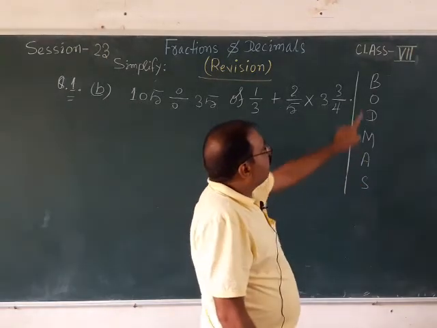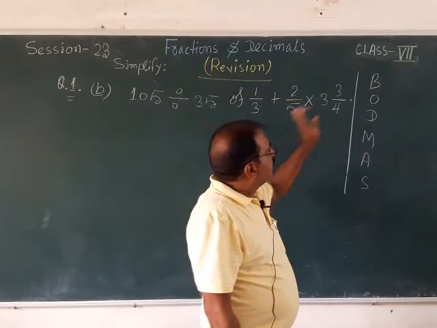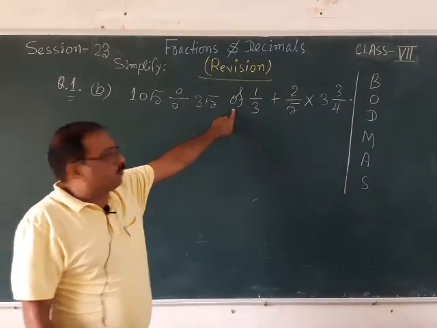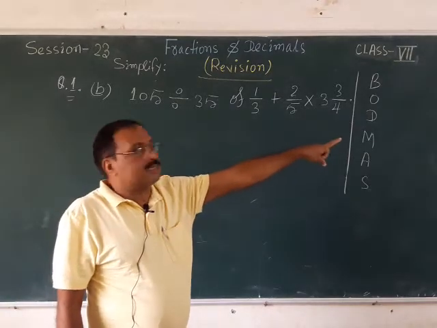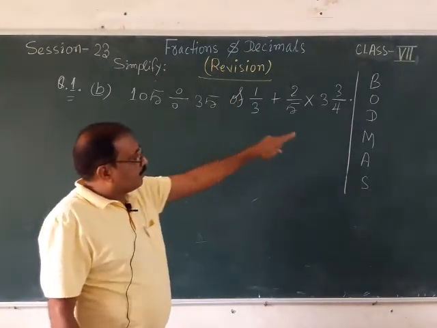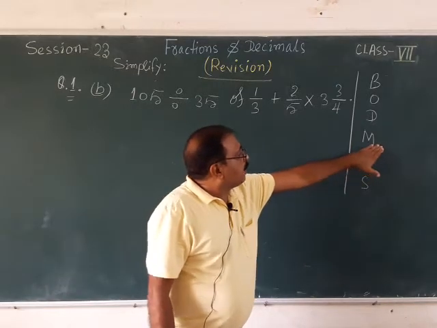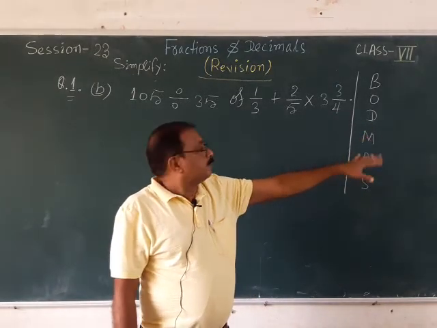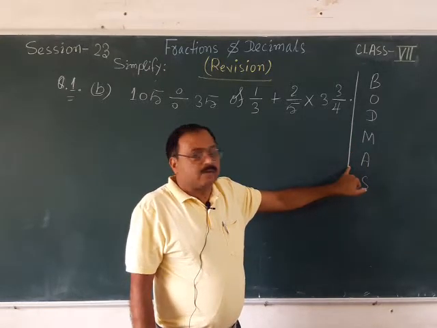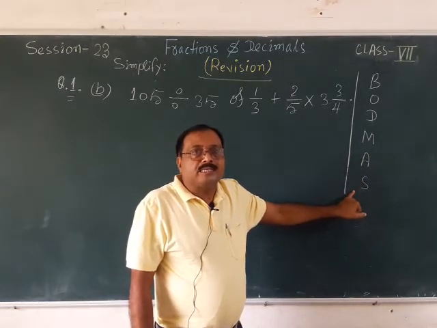Here B for bracket, as bracket is not there, then the of sign is there, so I have to work on of first, then the division sign is there. After the of sign I will work on this division sign, then I am having multiply, M for multiply, I will do the multiplication work, then I will do the addition work, then I will do the subtraction work.